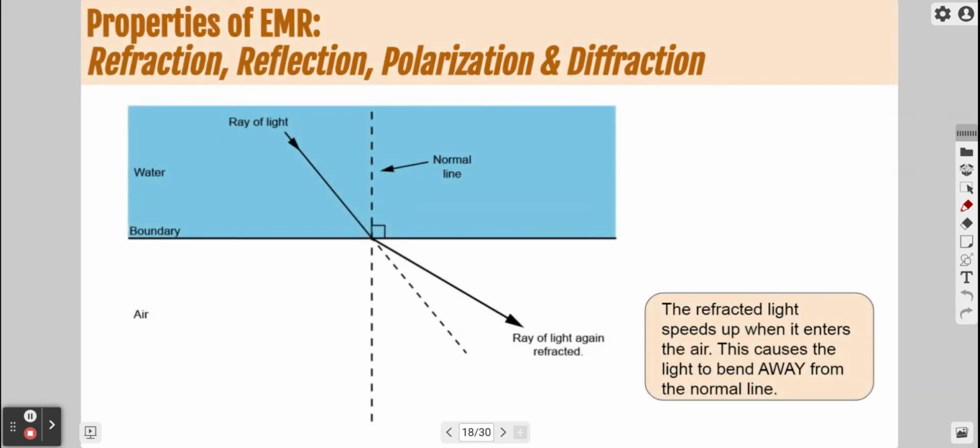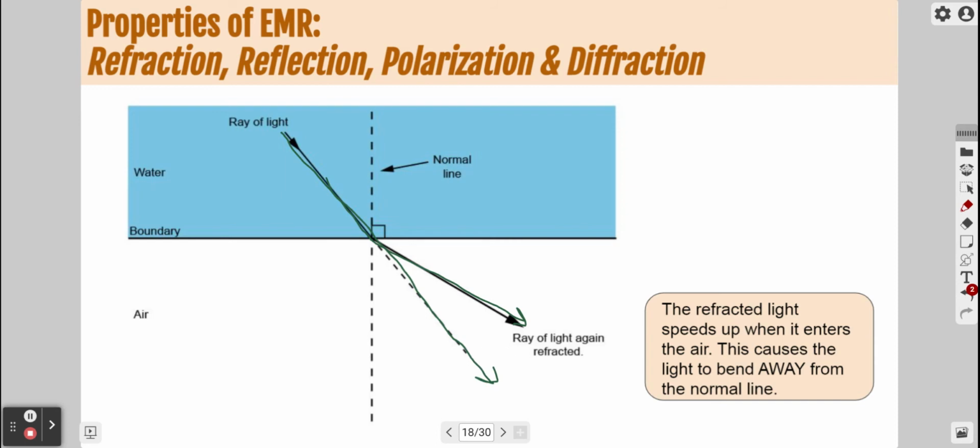So we have the opposite here, actually. I have a ray of light coming from water into the air. Once that ray of light hits the air, it can speed up a lot, and you can see it speeds up here. And how can you tell it speeds up? Well, if it was just going straight through and not doing any kind of speeding up or slowing down, it would just look like that.